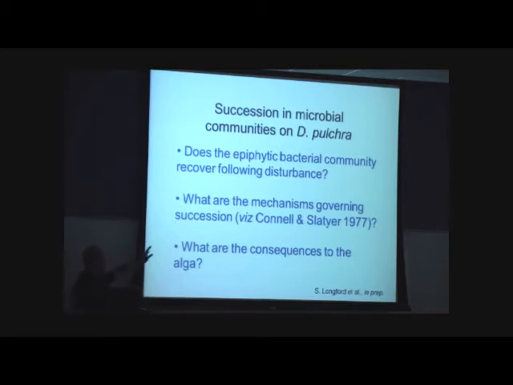Here, it may just be because I'm old, but it's also because I have enormous respect for a paper by Connell and Slatyer years ago about mechanisms of succession. But also, once you start looking at the dynamics of the bacteria in the algae, does it actually have consequences for some of these larger effects that I've been talking about?